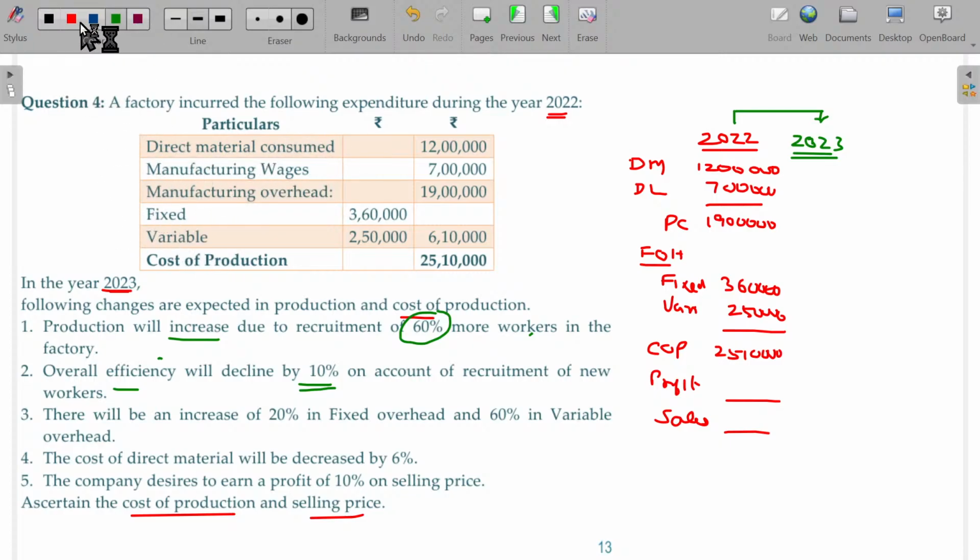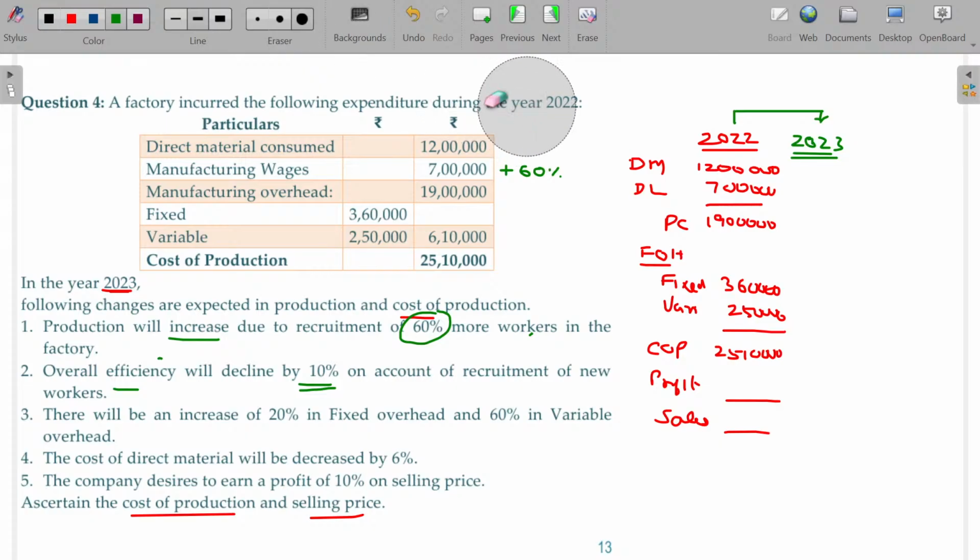So, you have to pay the wages 60% extra because you have 60% extra employees. But due to the 60% extra employees, production should also increase 60%, but efficiency decreased. So naturally, you have to add 60%, otherwise multiply by 1.6. But due to the efficiency decrease, you have to subtract this one.